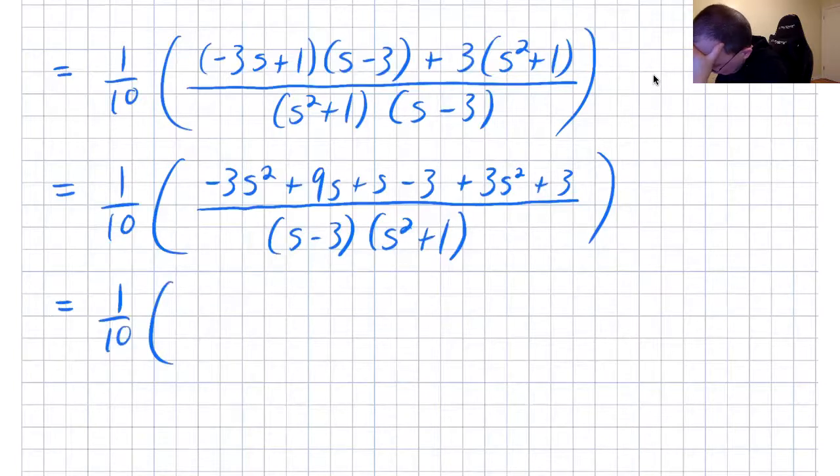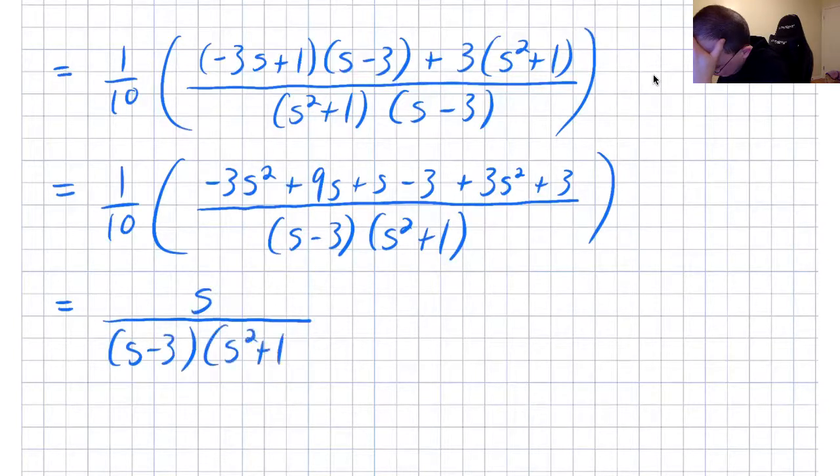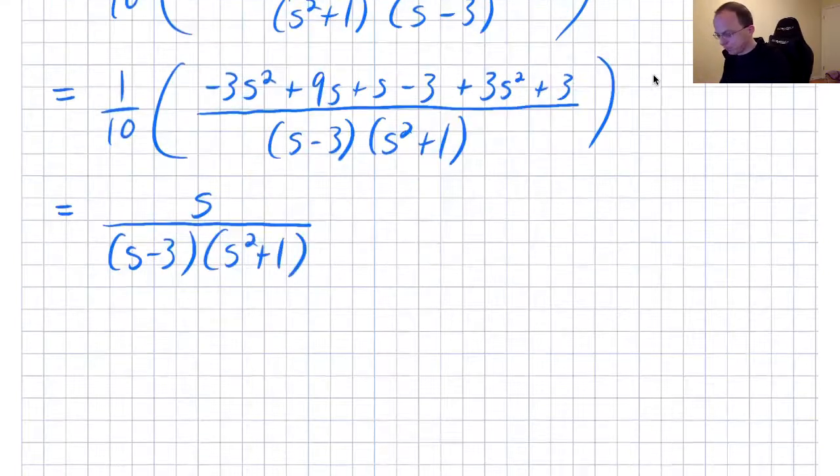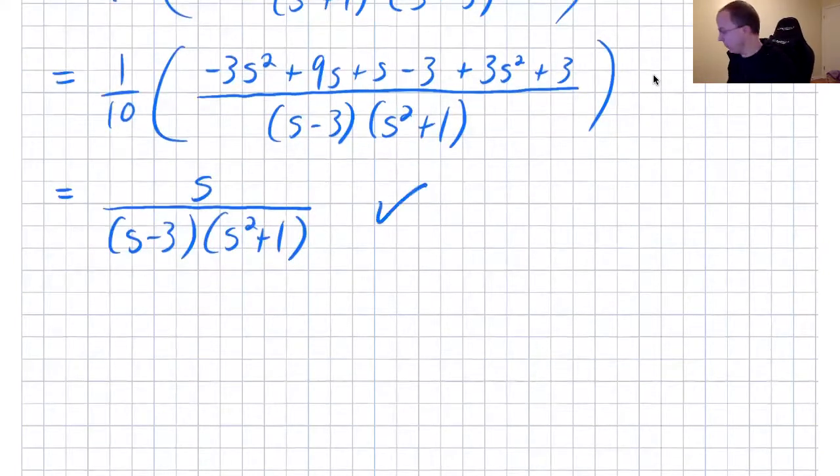Okay, so that cancels that. That cancels that. And we're left with 9s plus s, which is 10. So that 10 will cancel with the 10 on the outside. So I'm left with s over s minus 3 times s squared plus 1. Okay, so exactly what we started out with. Perfect. So we know that we did everything correctly.